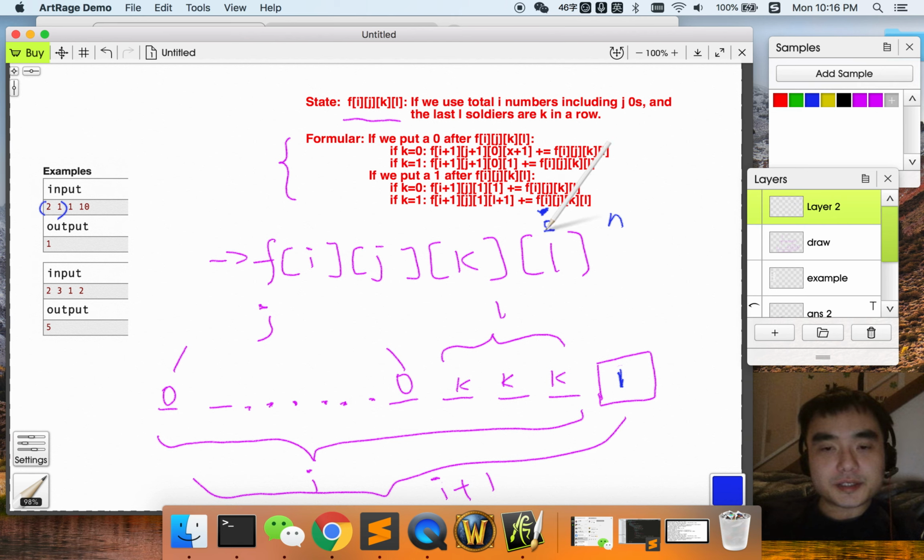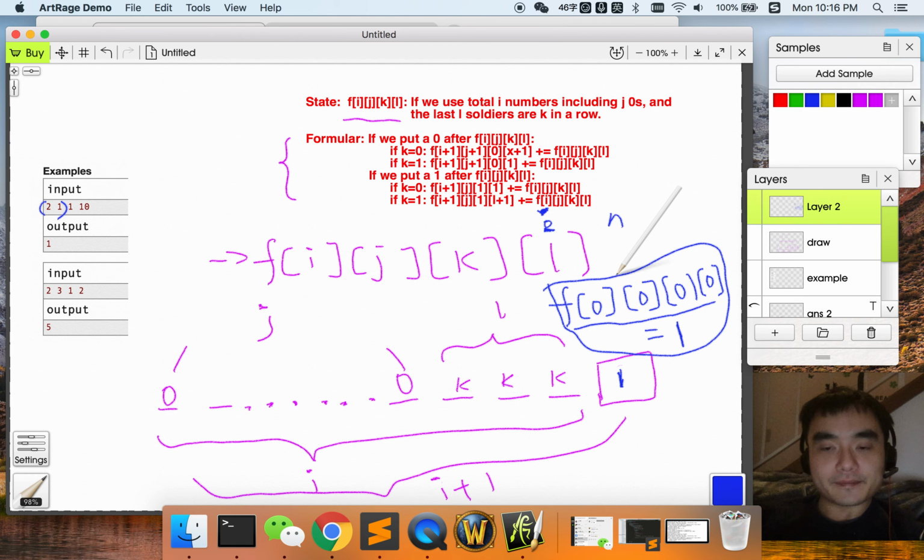And the initial state is that we have 0 numbers, and we have 0 zeros, and the last 0 numbers are 0, right? And the number of this kind of array is 1, just one possibility. This is the initial state, right?